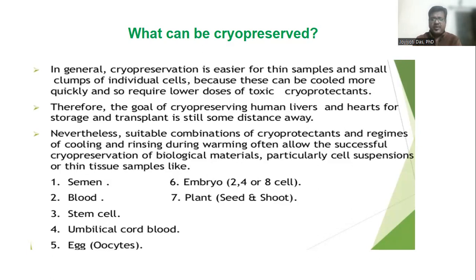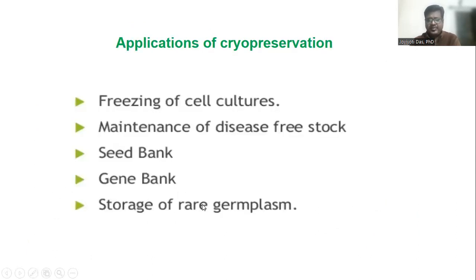Nevertheless, suitable combinations of cryoprotectants and regimes of cooling and rinsing during warming often allow the successful cryopreservation of biological materials, particularly cell suspensions or thin tissue samples like semen, blood, stem cells, umbilical cord blood, egg, embryo, plant, etc. The applications include freezing of cell cultures, maintenance of disease-free stock of cells or organisms, seed bank, gene bank, and storage of rare germ plasm.